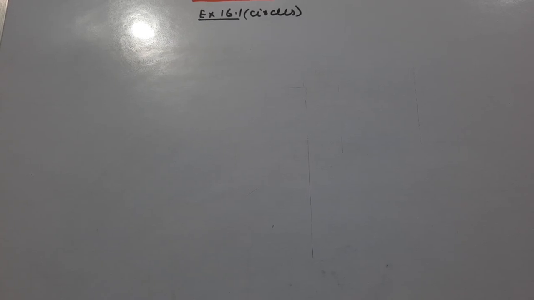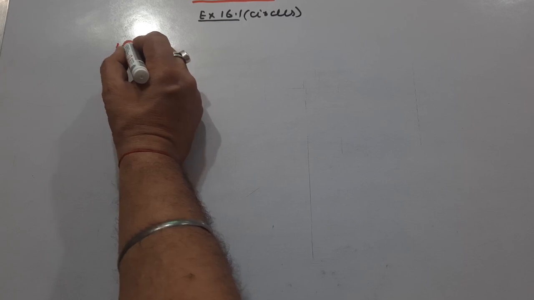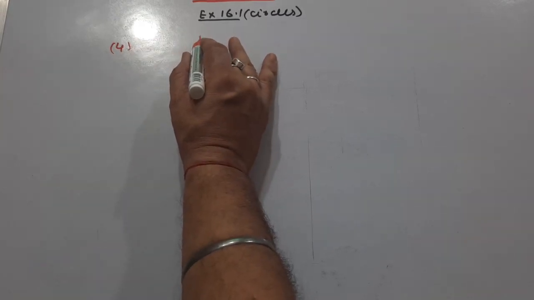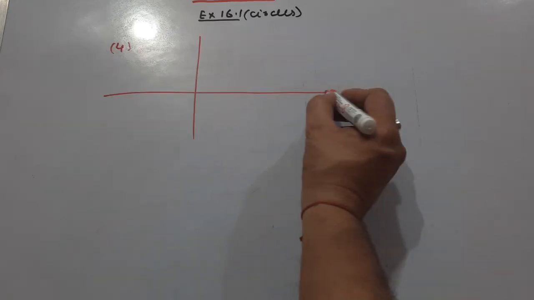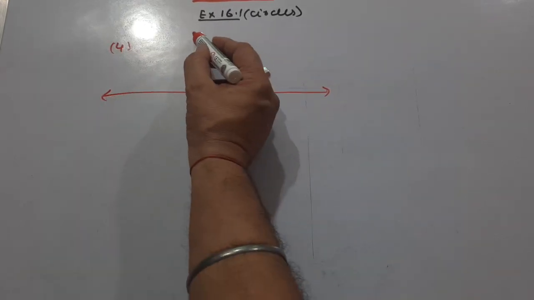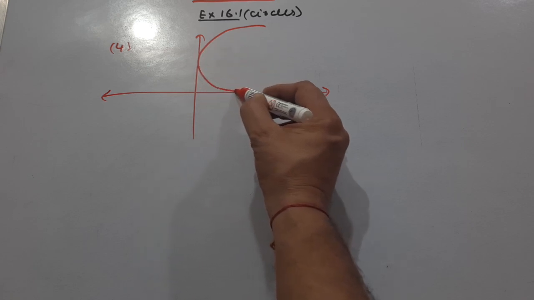Now the fourth question: find the equation of the circle touching both the axes and whose radius is 5. Now students, in this question, the circle is touching both the axes. Let us make the diagram to make it clear. If the circle is touching both the axes, then there are 4 cases possible.